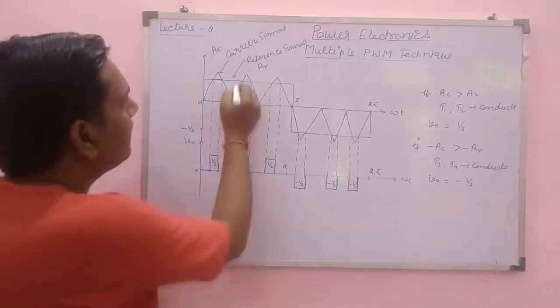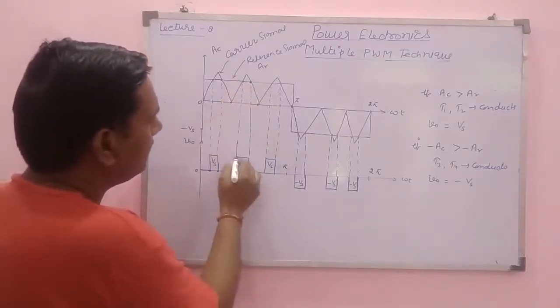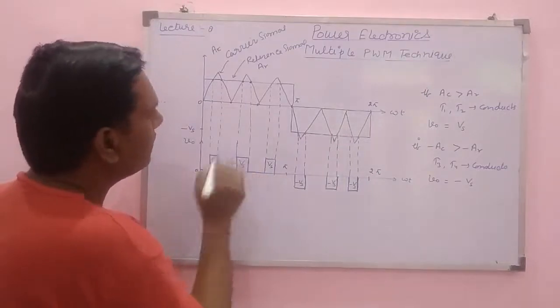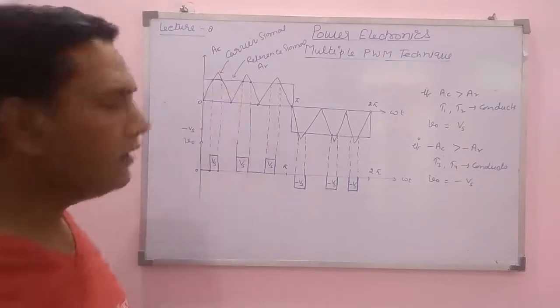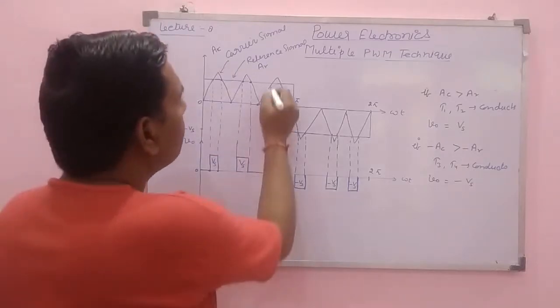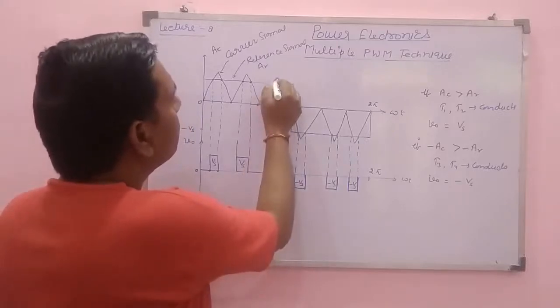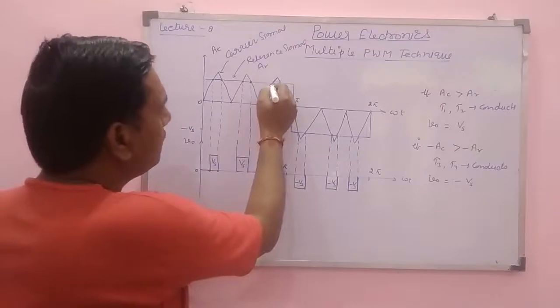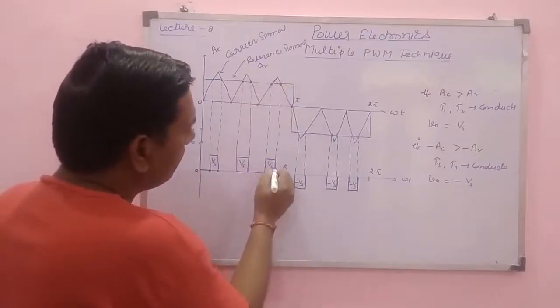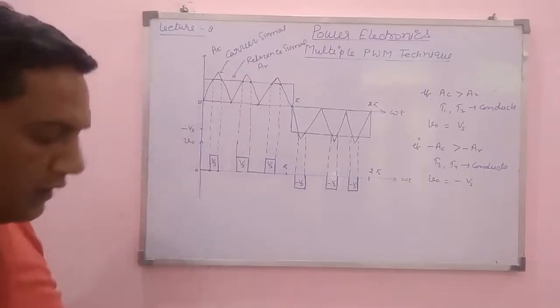In the same way, from this point to this point, and from this point to this point, the carrier wave amplitude is greater than the reference wave, so the output will be positive Vs. And this is point pi, the half cycle.